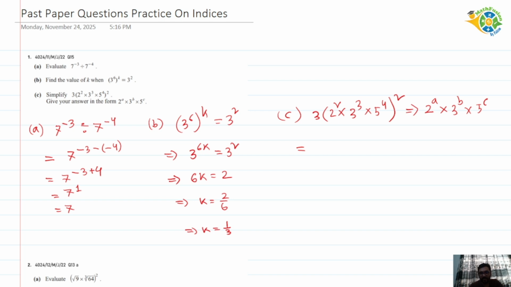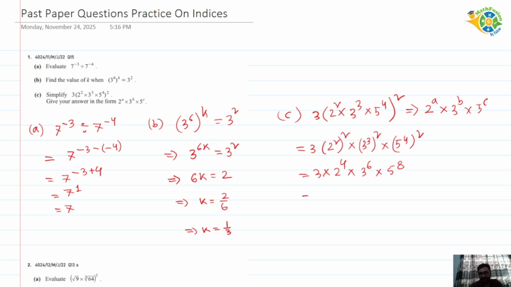The power 2 will be distributed to all the factors here. So 2 squared power 2, multiplied by 3 cubed power 2, 5 to the power 4 to the power 2. Okay, so power of a power will multiply. So 2 to the power 2 becomes 4, 3 cubed becomes 3 to the power 6, and 5 to the power 4 into 2 becomes 5 to the power 8.